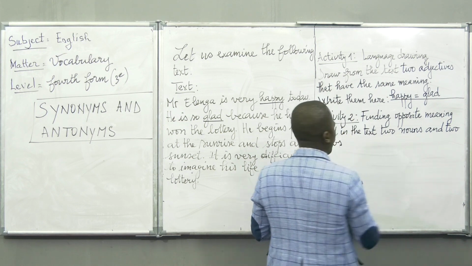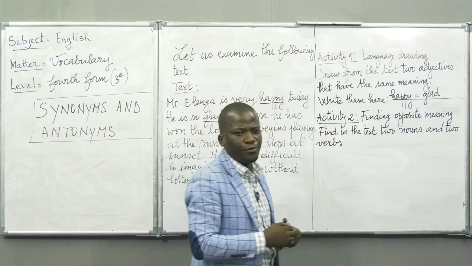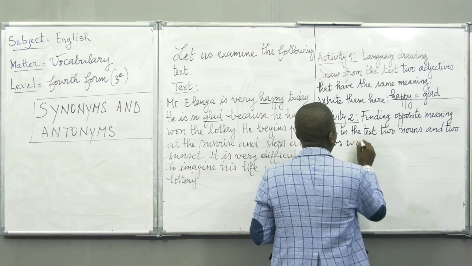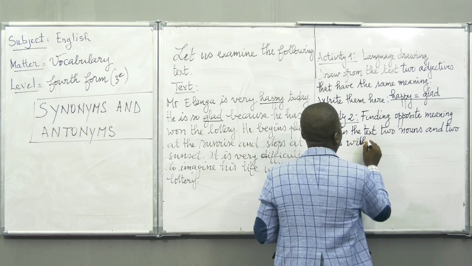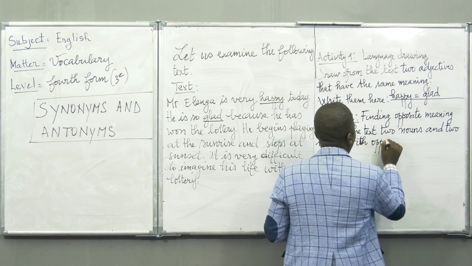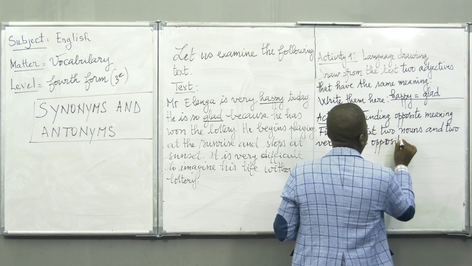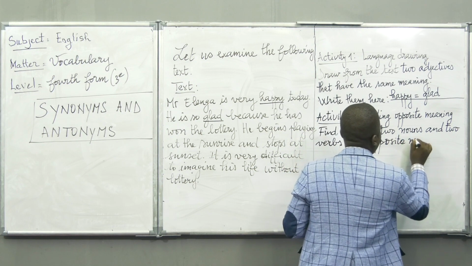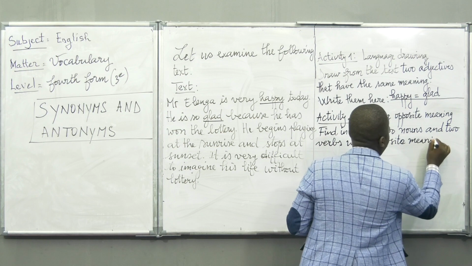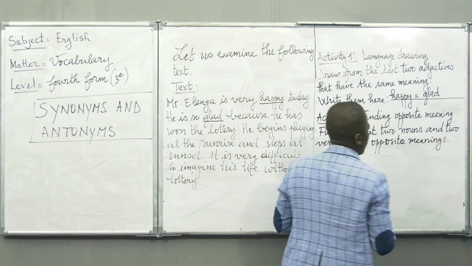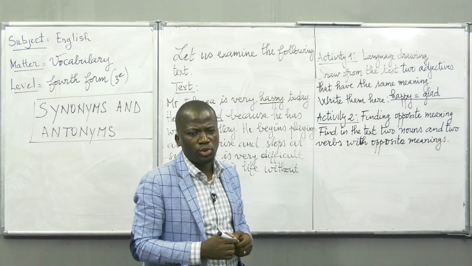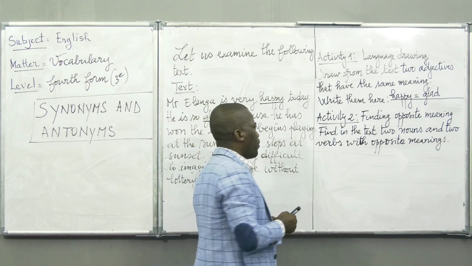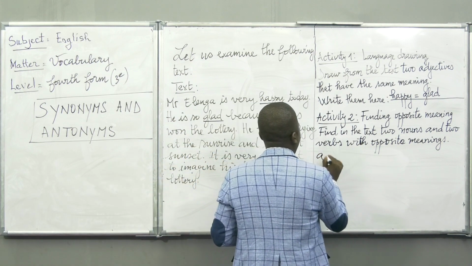with opposite meanings. 2 nouns and 2 verbs having opposite meaning.